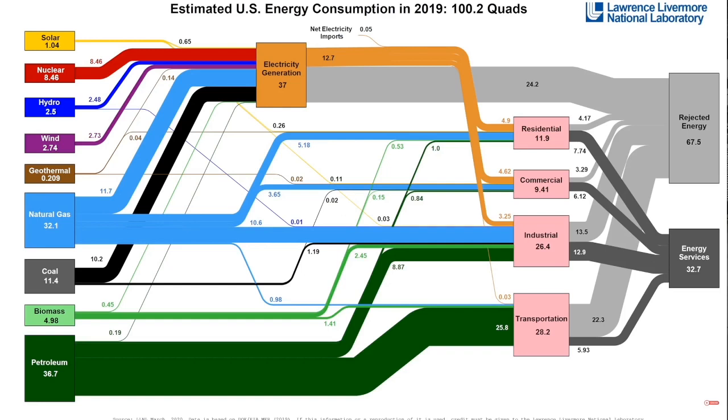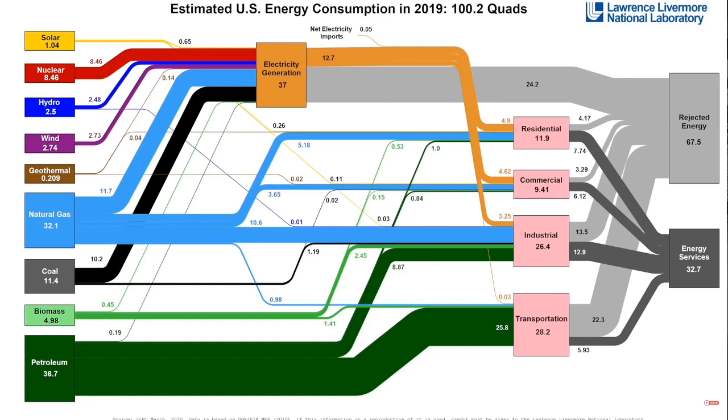It's barely detectable with test instruments that it exists. On the right side of the page, you'll see energy surfaces at 32.7 and rejected energy at 67.5. We did not reject this energy because we don't love it.